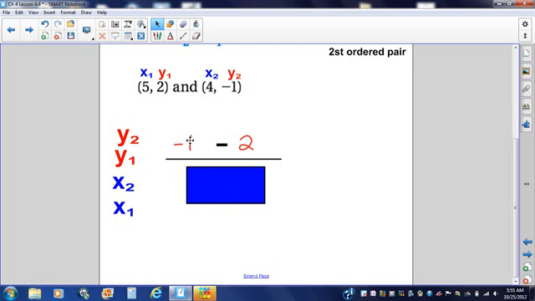Alright, I'm going to do my numerator first, so I'm going to cover up my denominator. So I have a -1 plus a -2, or on your calculator you can just do -1 minus 2. In either case, when you do that, you will get -3.